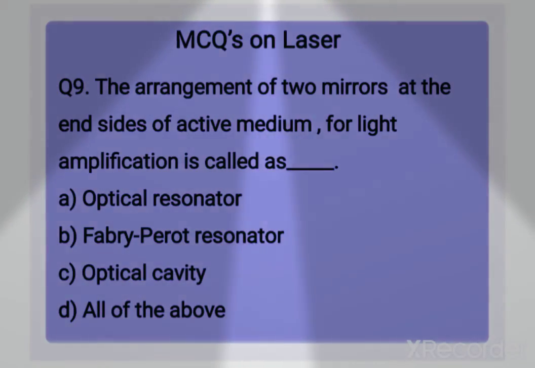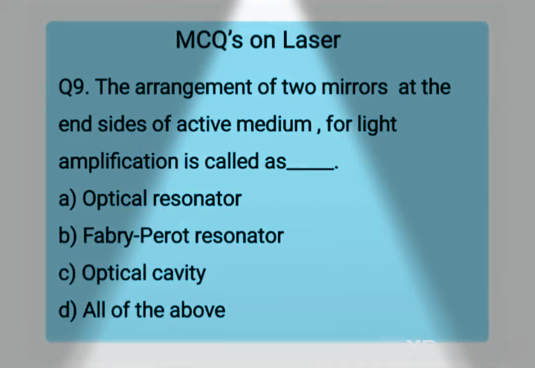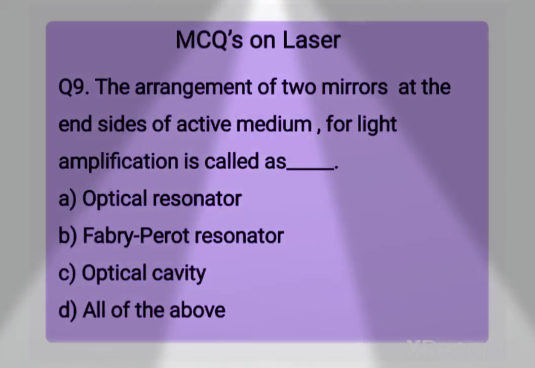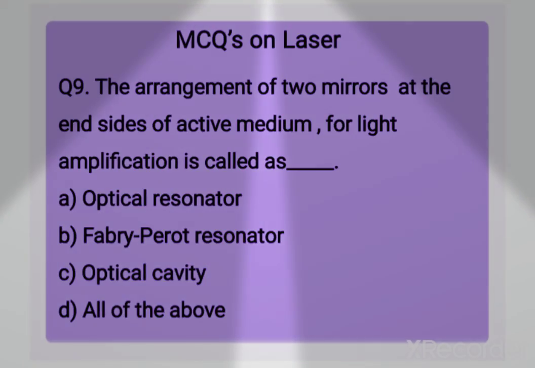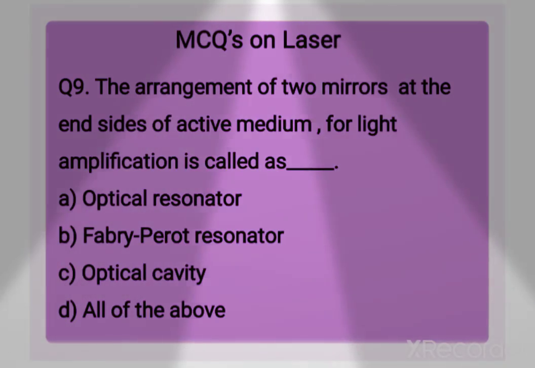Question number 9 is: the arrangement of two mirrors at the end sides of the active medium for light amplification is called as... These two mirrors play a very important role in laser light emission because they form an optical cavity, or an optical resonator.